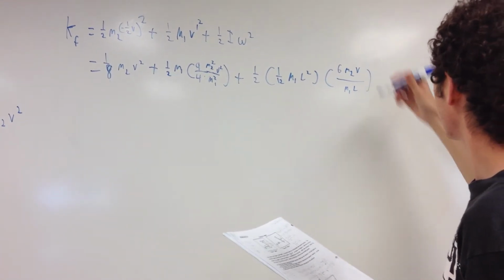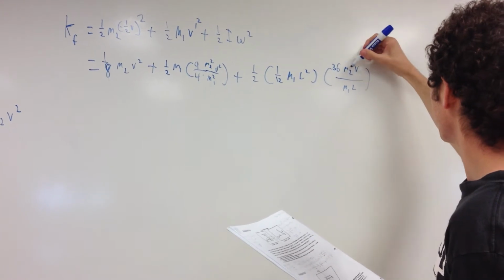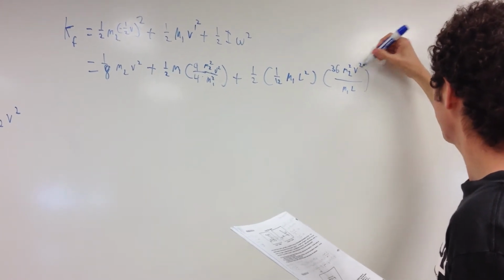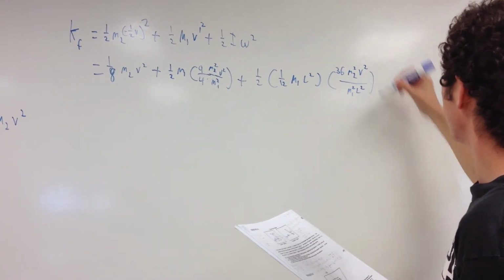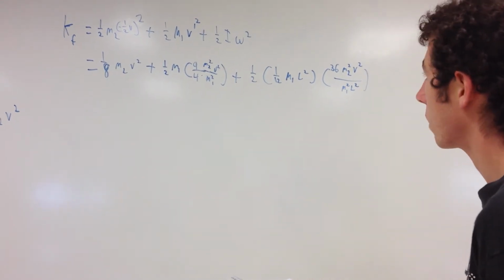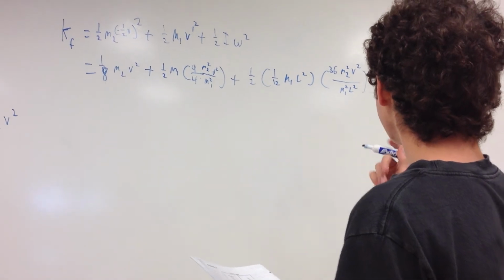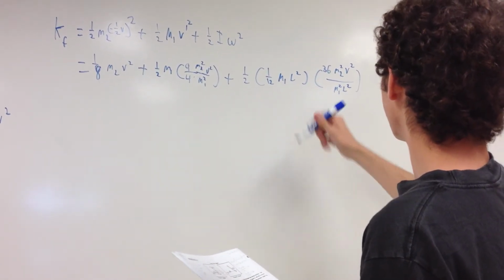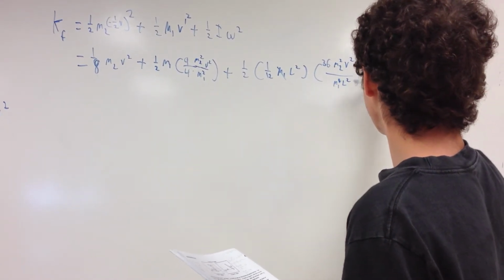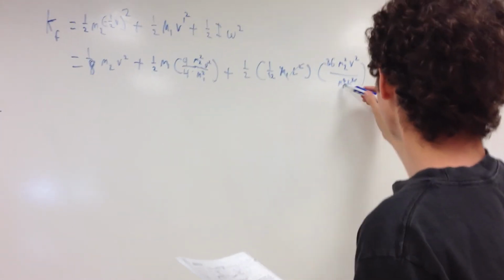So I'm going to square it. 6 squared is 36, m2 squared is just m2 squared, v squared, m1 squared, L squared. So my m1 here and my m1 squared are going to cancel. My L squares are going to cancel entirely.